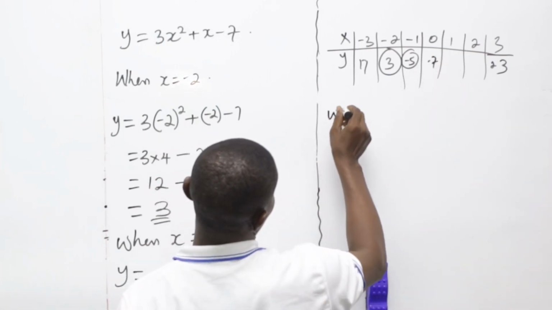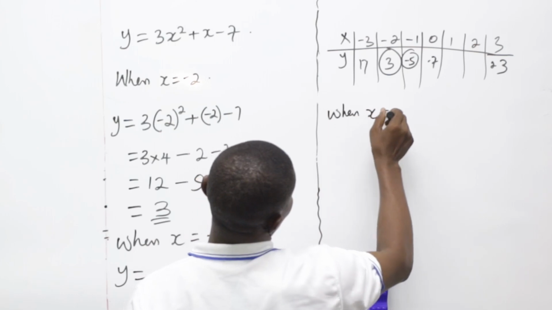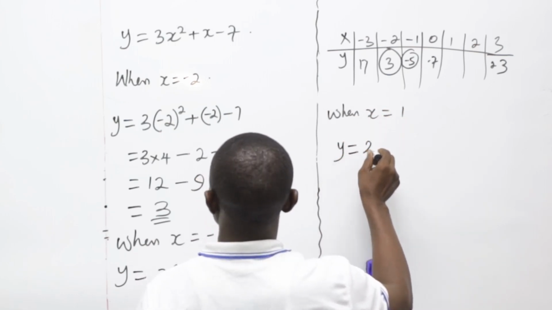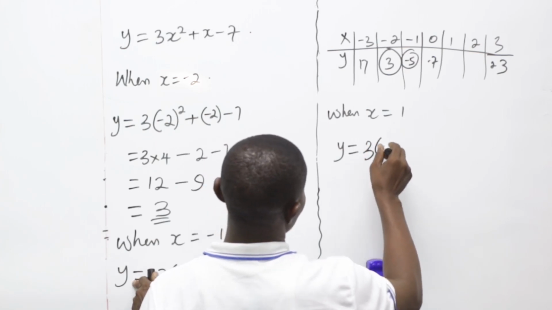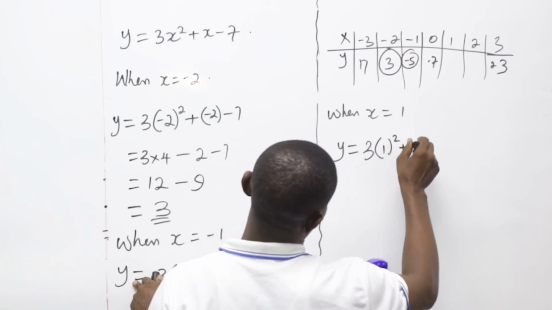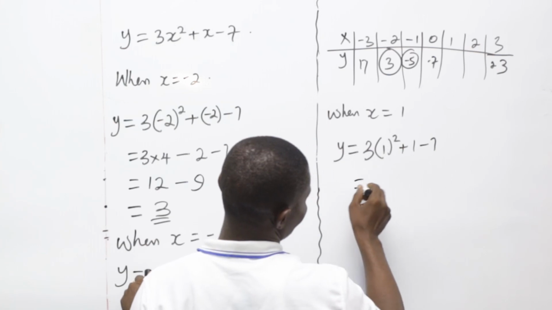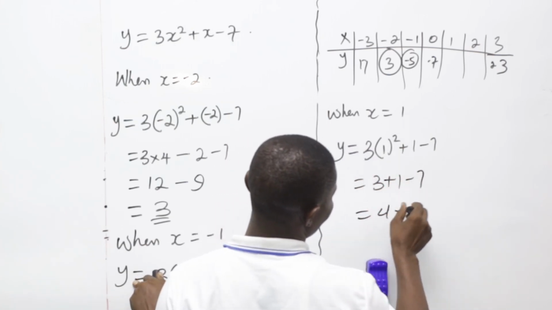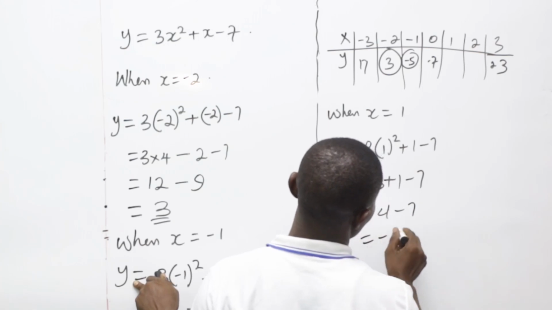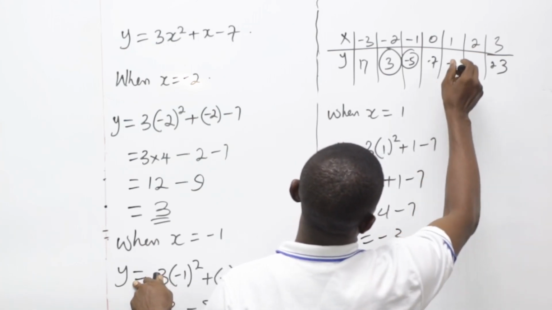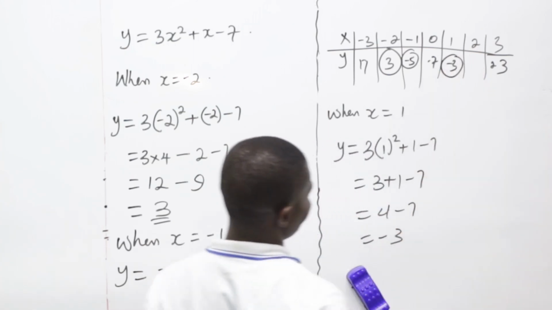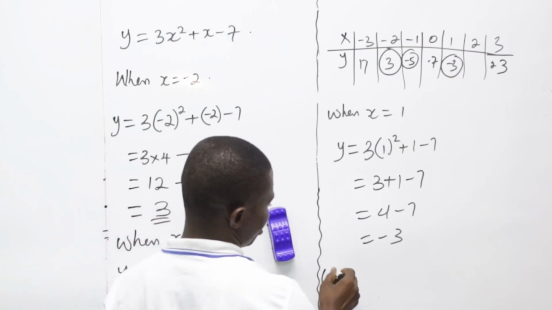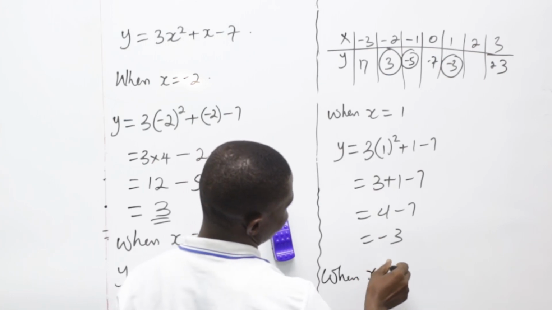Now the next, when S equals 1, Y equals 3 into 1 squared plus 1 -7 to give us 3 plus 1 -7, 4 -7 to give us -3. You write -3, you circle it. What do you have next?